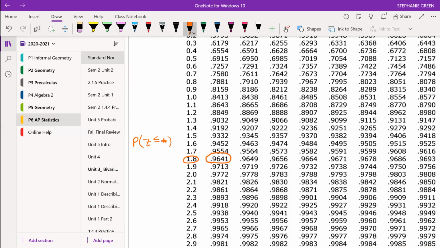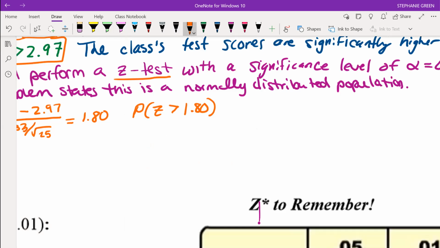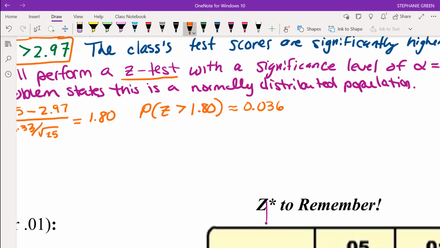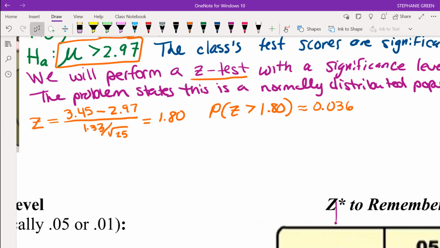So in order to get the probability that it's greater than, we have to do 1 minus that value from the table, 0.9641. And so when I do that, we get approximately 0.036. Go back to my worksheet now, my notes, and say this is about 0.036. So that is our p-value. And at that point, we're basically done with step 3.